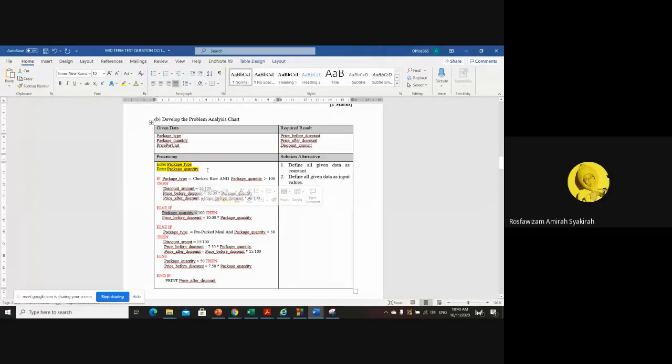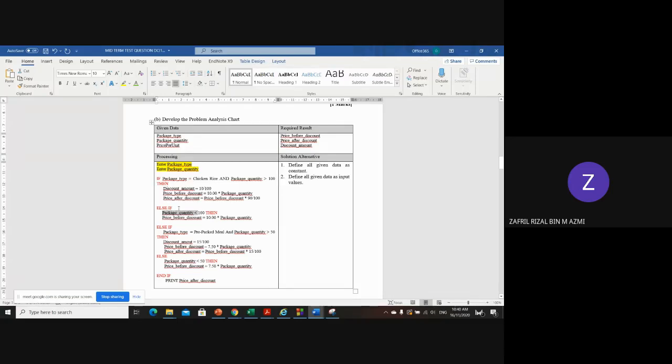Pre-packed meal, right? Okay, the user enters pre-packed meal. Let's check. Let's say the user enters pre-packed meal. So package type equal to pre-packed meal. So this is wrong, right? So it will go to the next else if.